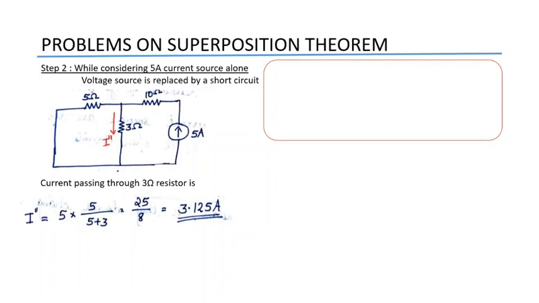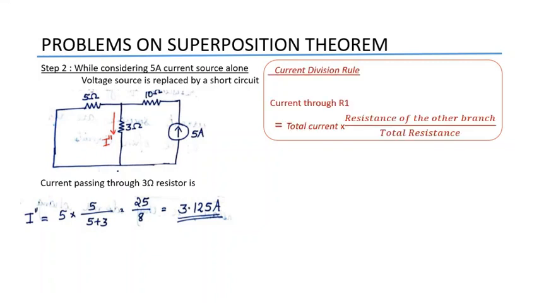I double dash. Using the current division rule, we can get the value of I double dash. This is the current division rule. Current through the resistor R1, as per the current division rule, is equal to total current into resistance of the other branch divided by total resistance.